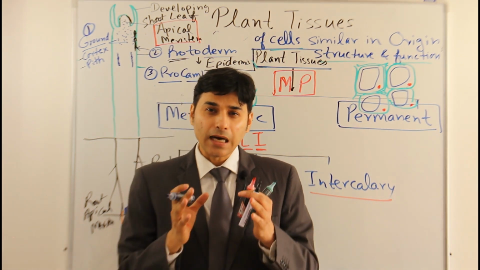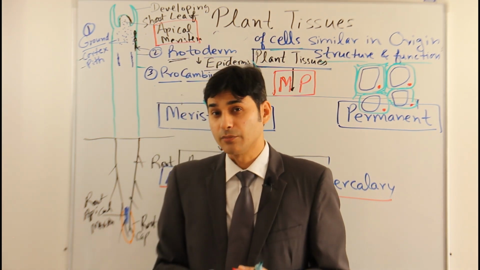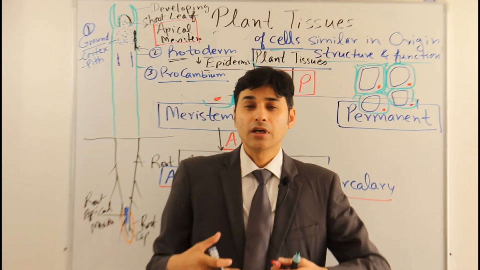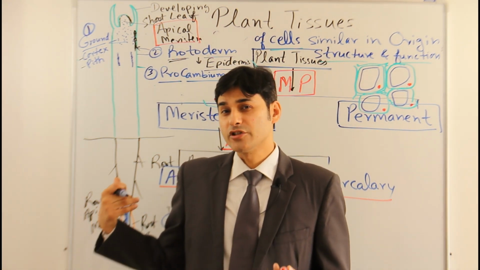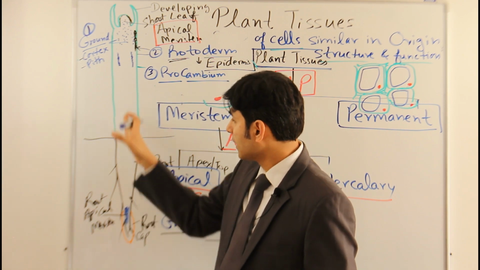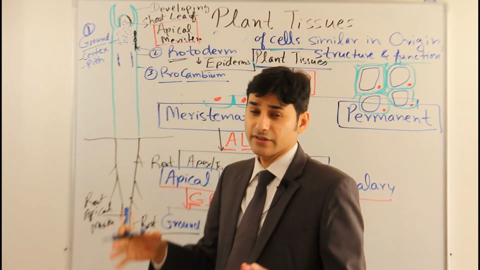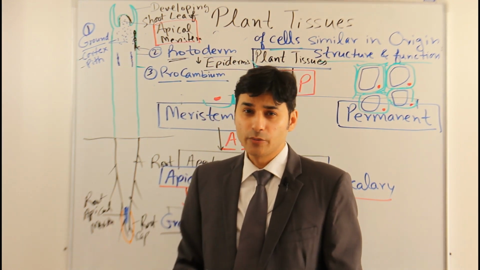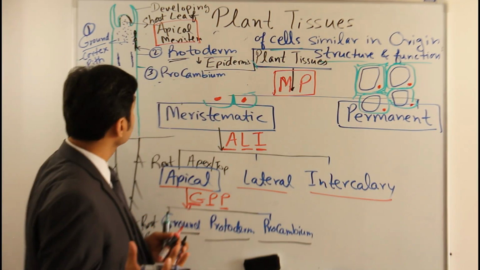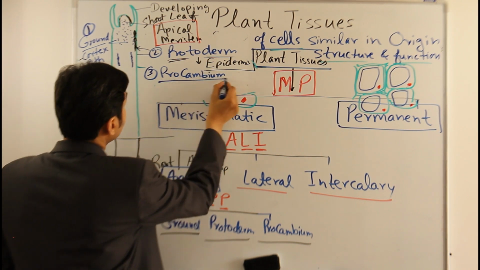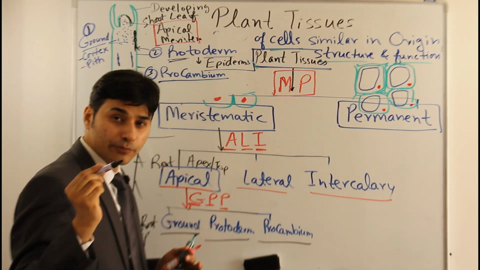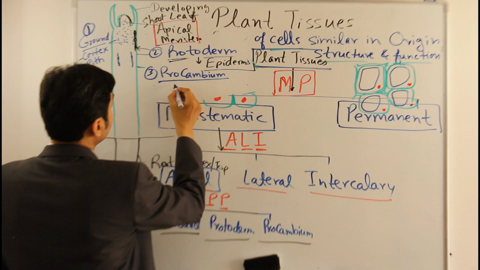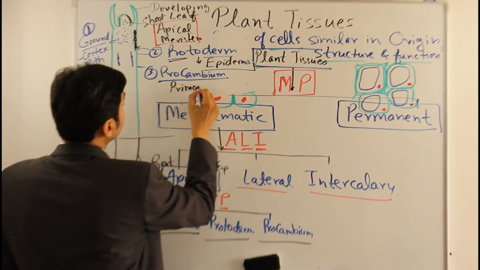So both are important for the plant body, because that is the region which is important, and with these tissues the plant bodies can grow into tall heights, and they will be getting all these nutrients. So the ProCambium gives rise to xylem and phloem, but primary xylem and primary phloem.